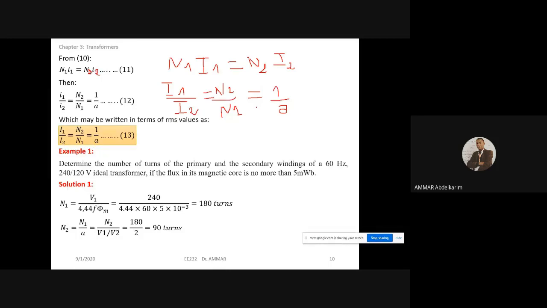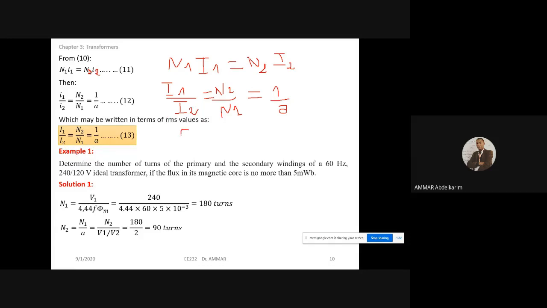That's why when we say step-up transformer, it increases the voltage, but at the same time it decreases the current. Also, the step-down transformer decreases the voltage but increases the current. You know that the transformer does not change the power.